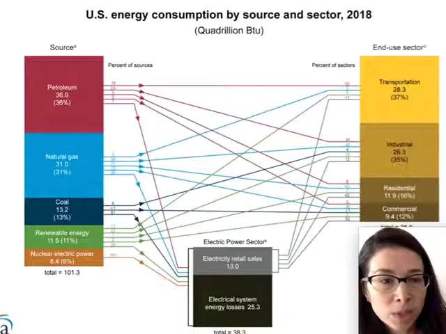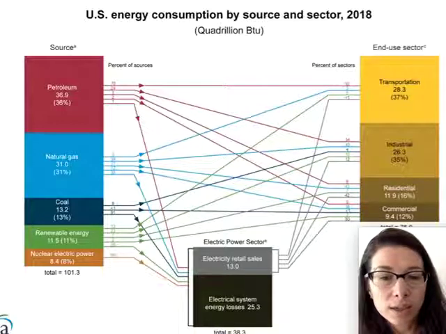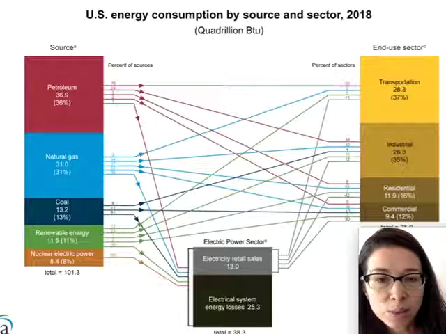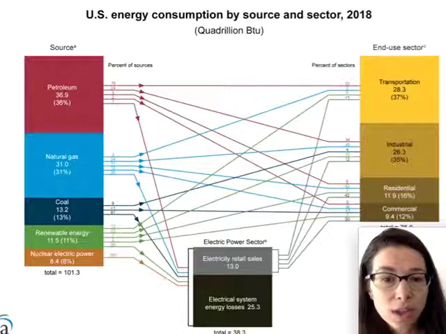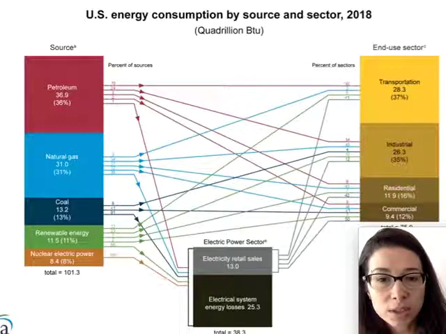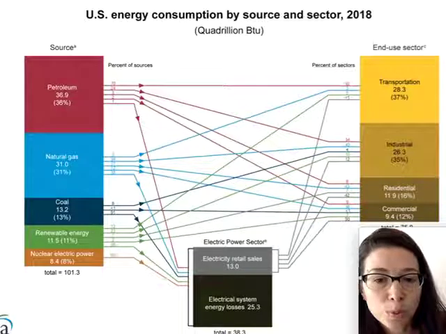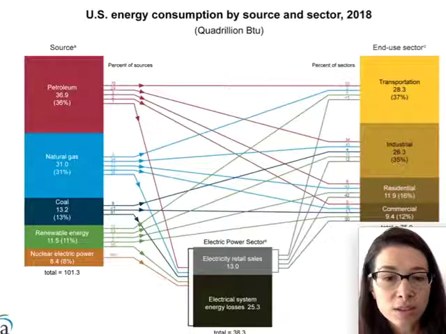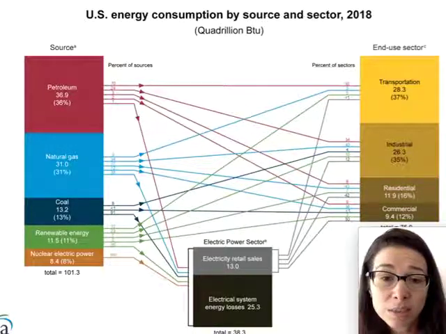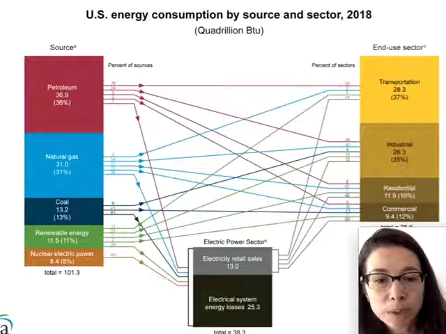So petroleum is our primary resource that we use. And if we look at the yellow bars on the right, the primary use for all of these sources of energy is transportation. And then we have electricity for industrial purposes, residential purposes, commercial purposes. Keep in mind that some of these measurements are for different years, and there is a little bit of discrepancy between these graphs, but by and large I think the proportions are pretty much accurate.